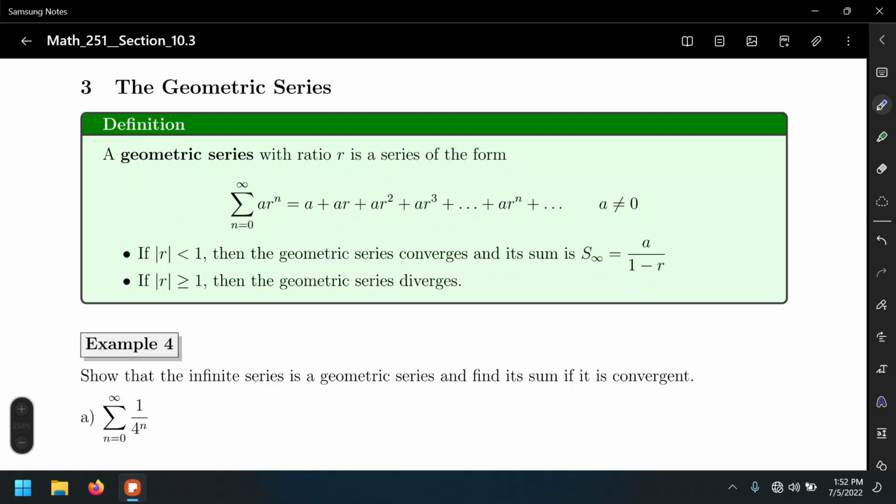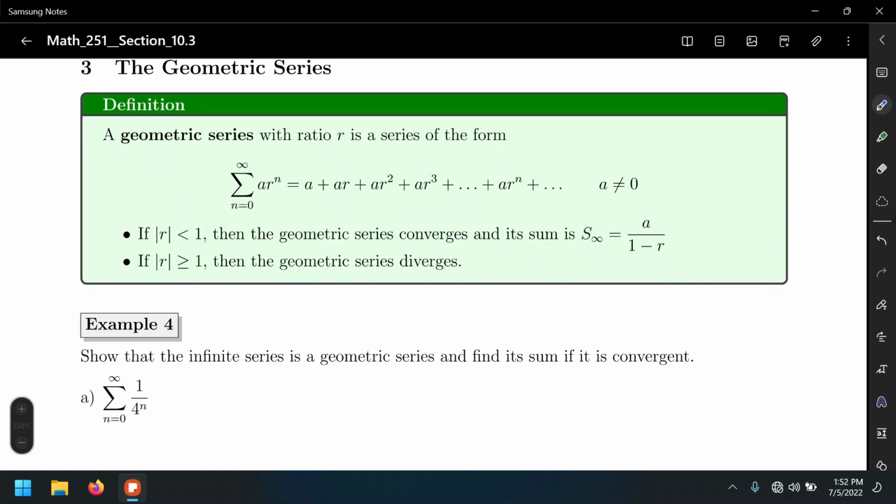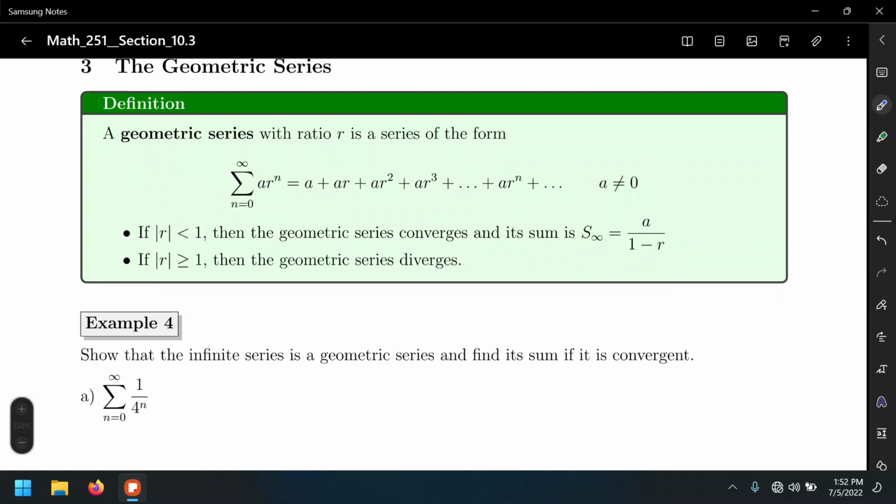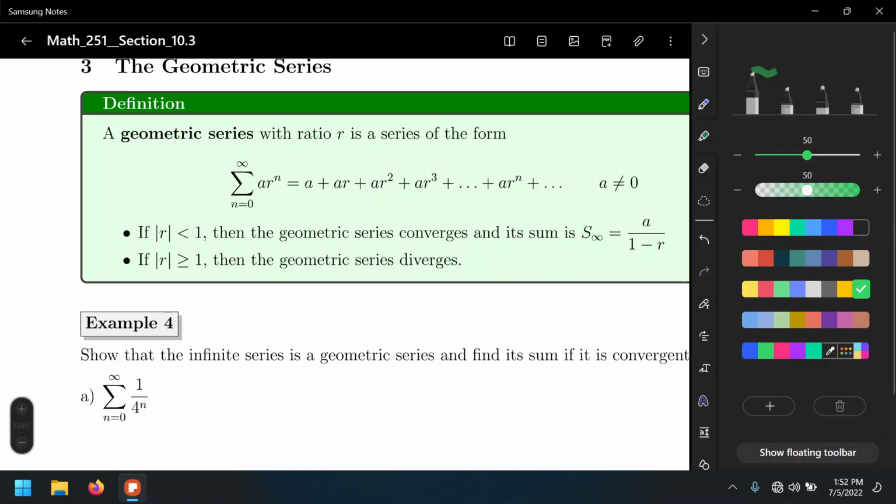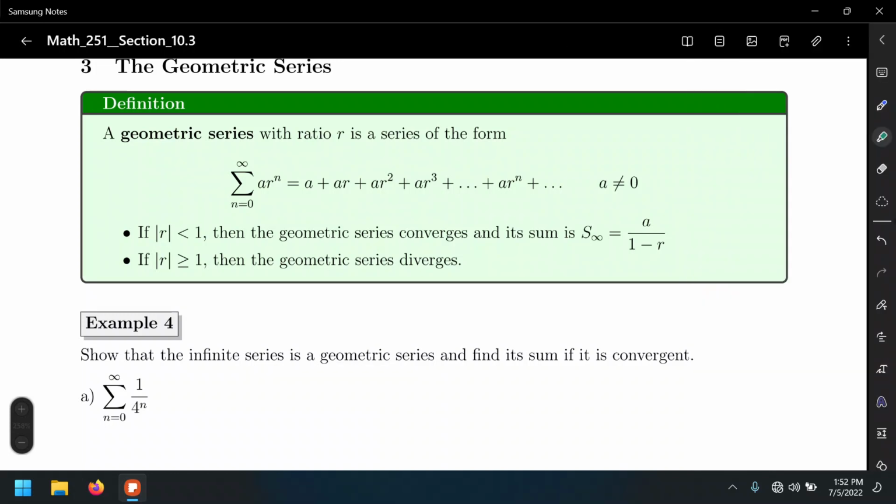All right. So in this case, what we will do is observe the value of r. That is the number that is raised to the power n. If the absolute value of r is a number smaller than 1, well, then the series converges, and in that case, it's possible to find the infinite sum which is given by this formula.